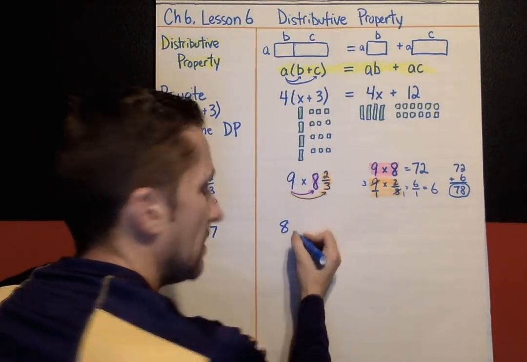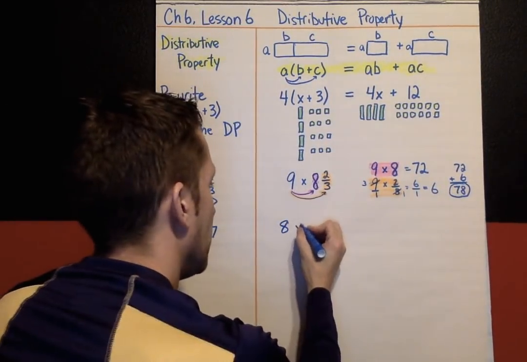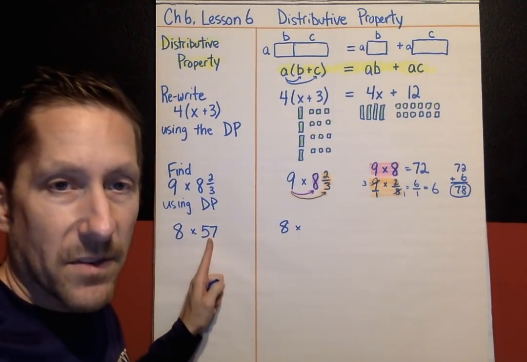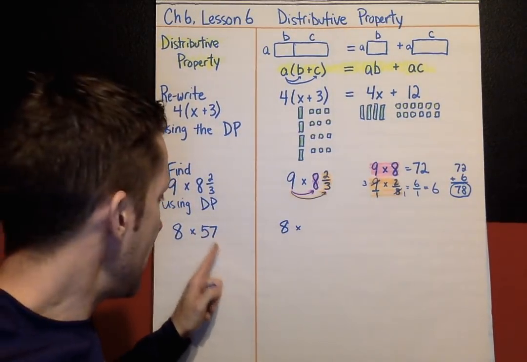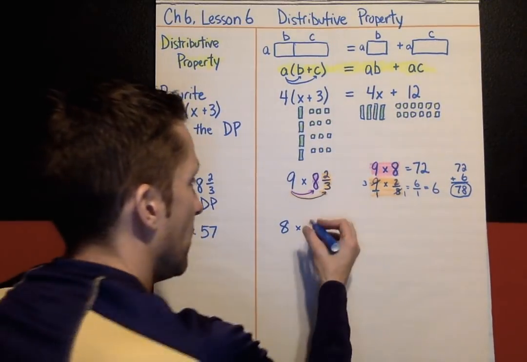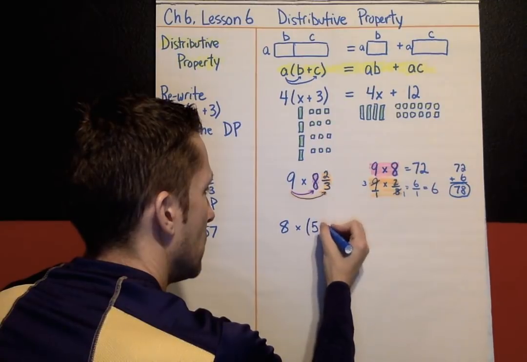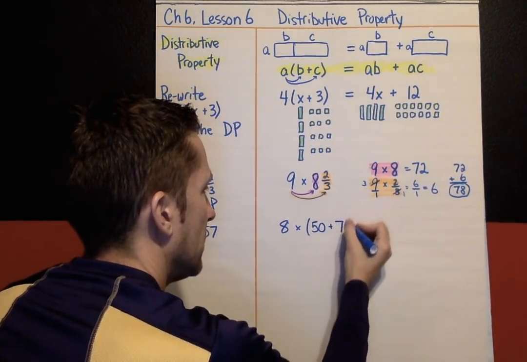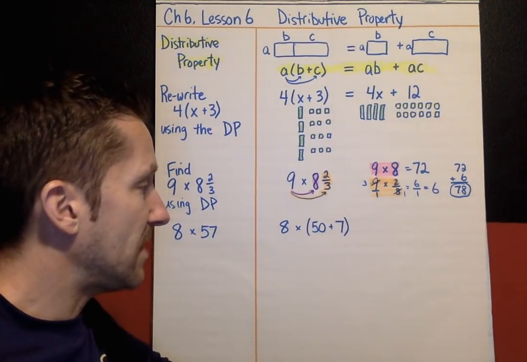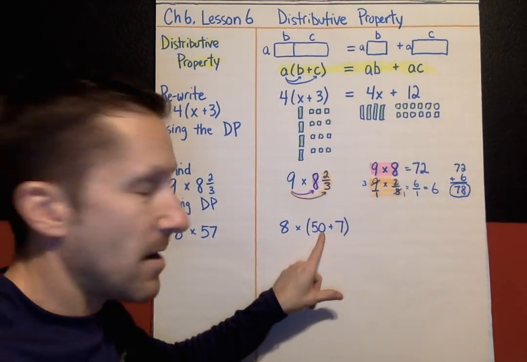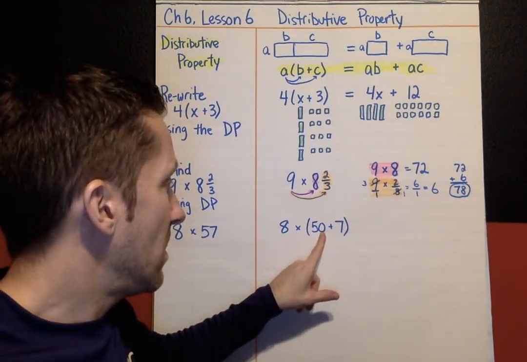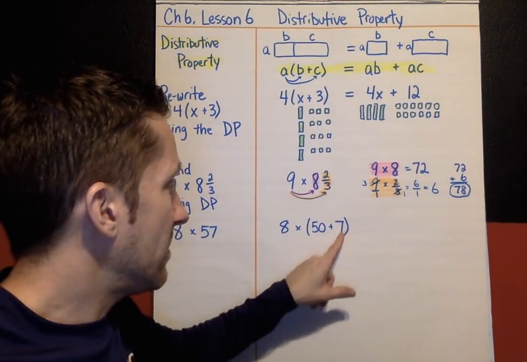So 8 times, instead of 57, I'm going to break this up into numbers that make it easier to solve this problem. 57 is 50 plus 7. 57 is the same thing as 50 plus 7. Now I've got a number that ends in 0, that's good to use for mental math, and a single digit number.